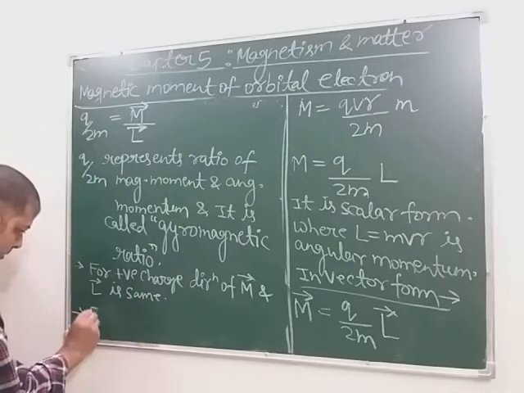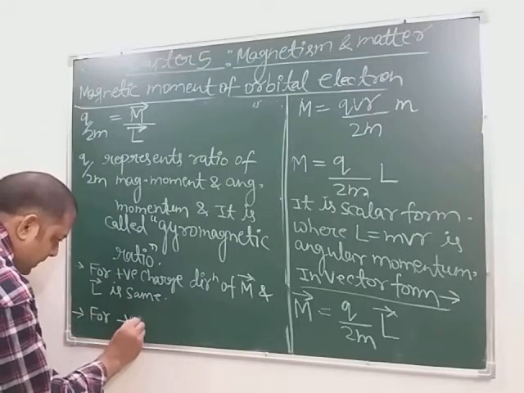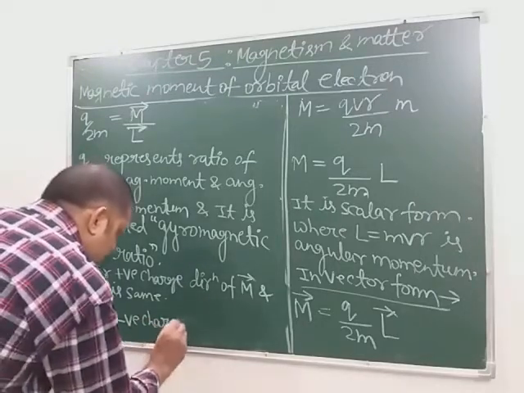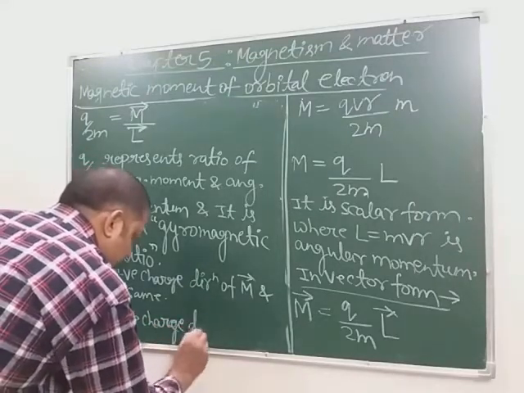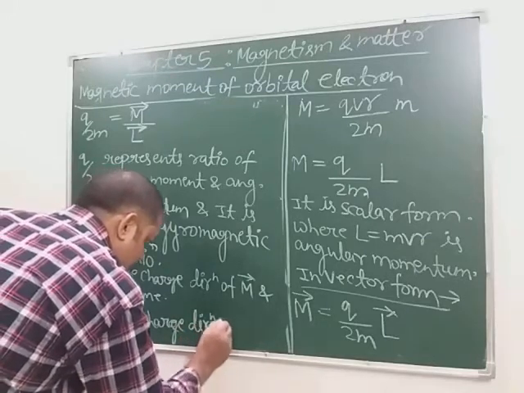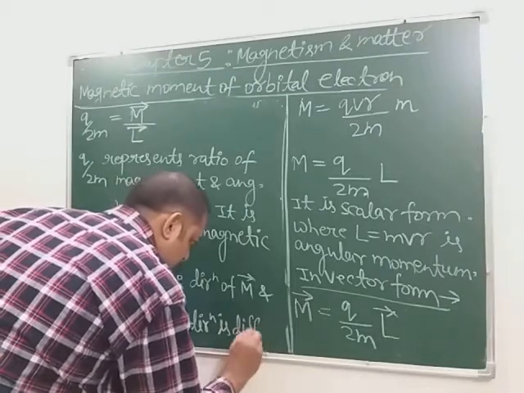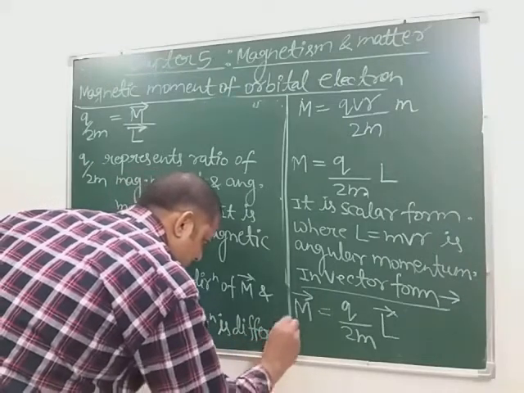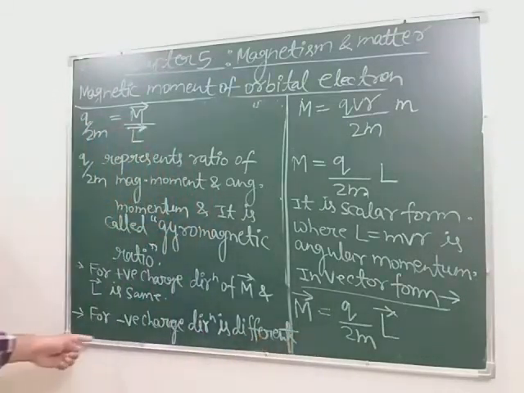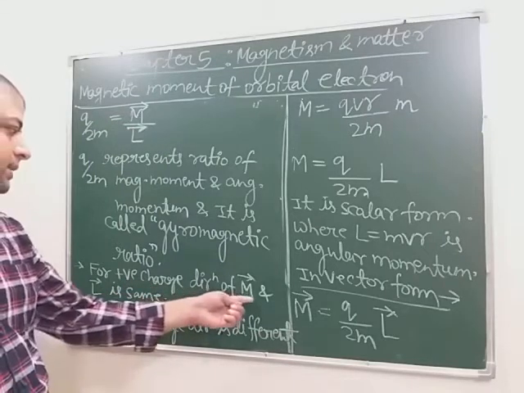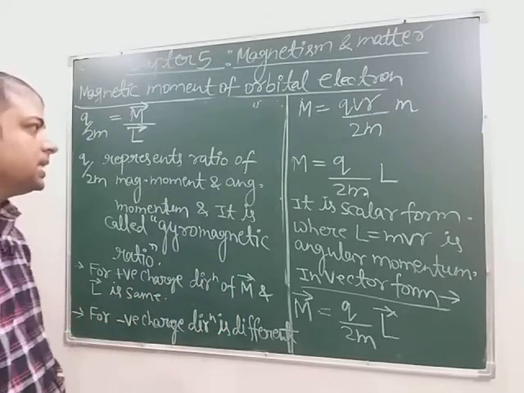For negative charge, the direction is different. For negative charge, the direction of M and L will be different. For positive charge, the direction of M and L will be the same.